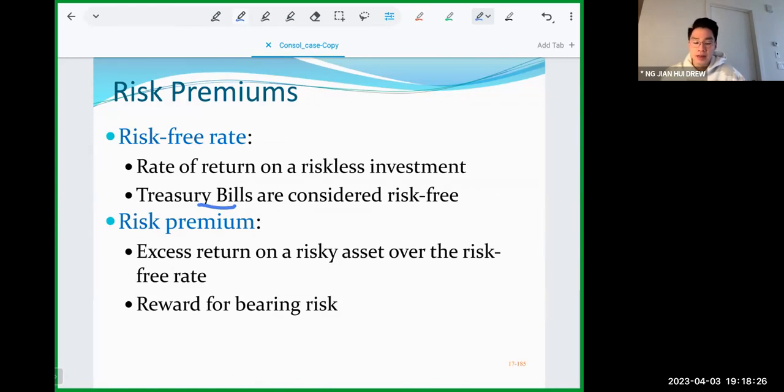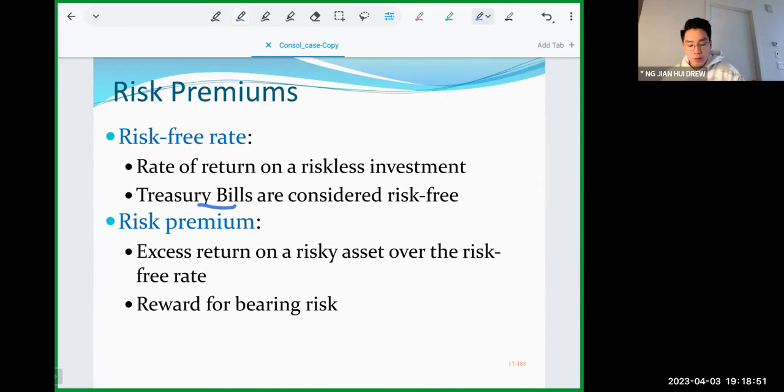So Lebanon's economy is actually in free fall. Governments are unable to pay because they do not have enough investments into their country, right? So generally, most of the time we consider treasury bills, especially the US treasury bills, as risk-free. But nowadays there's a bit of risk in these bills.